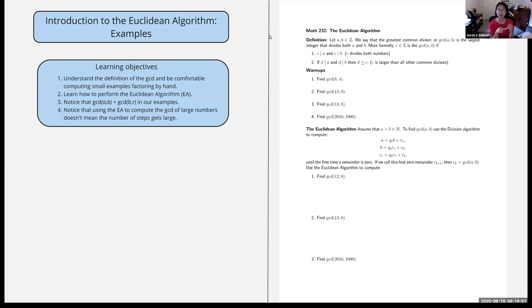And the other part is that if D divides A and D divides B, then D is less than or equal to C. What that mouthful is saying is that any other common divisor, maybe D, has to be smaller than C. So C is larger than all the other common divisors.